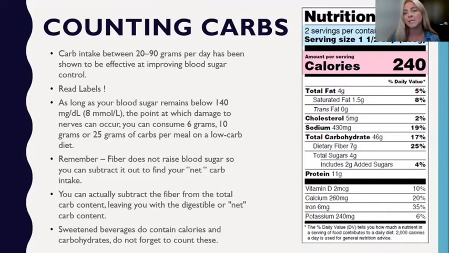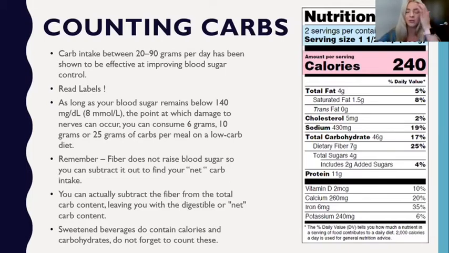So based on a ton of different research studies, the consensus is that if you're trying to prevent or reverse diabetes, 20 to 90 grams of carbohydrates a day is going to be the most effective at improving your blood sugar. And how do you know how much carbohydrate is in a food? By looking at the food label, of course.